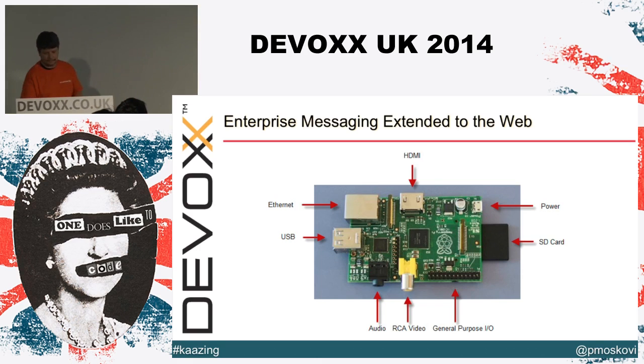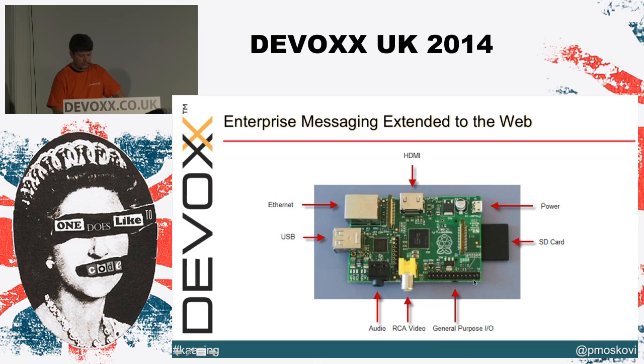It has 1 or 2 USB ports, depending on the edition that you are getting. It has an Ethernet port. It has HDMI. You can power it through USB. It has audio and video ports. It has an SD card that can be used as its storage, so this is where the OS would go. In our case, it would be Linux.